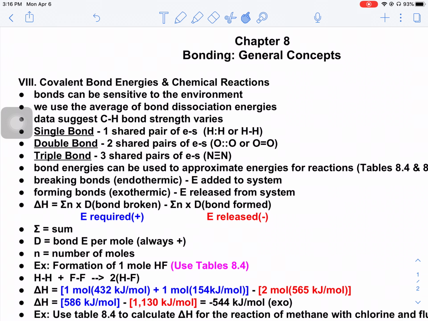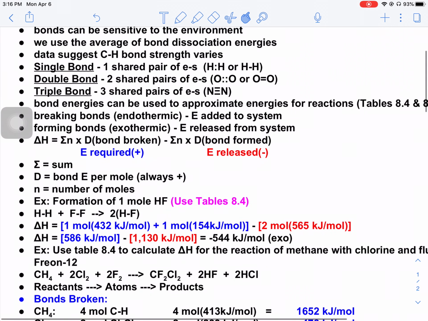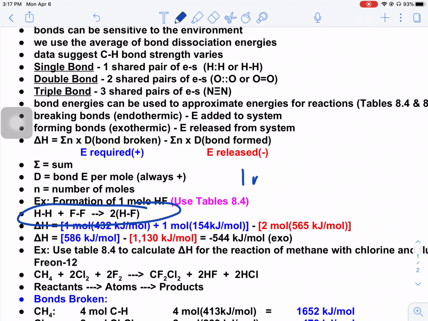All right, so number of moles. If we're just looking at a balanced equation, for example, we have a balanced equation down here. We can assume, by looking at this equation, that the coefficient is the number of moles. So H-H, we can assume represents 1 mole of hydrogen. And if F-F has no coefficient in front of it, we can assume that is 1 mole of diatomic fluorine.